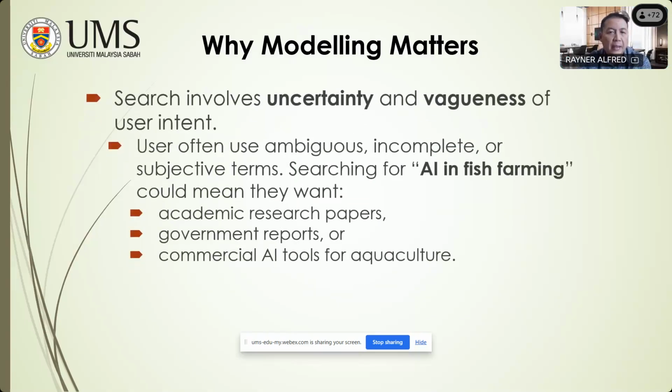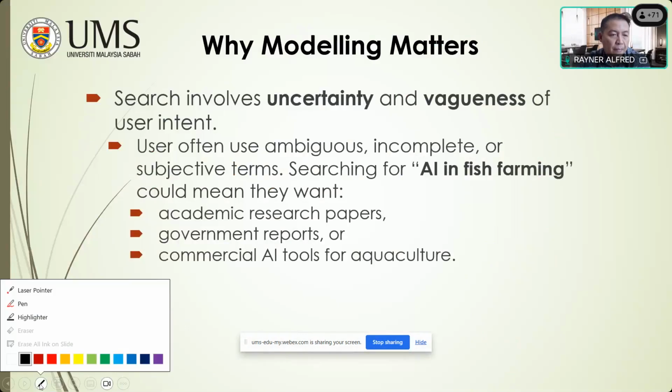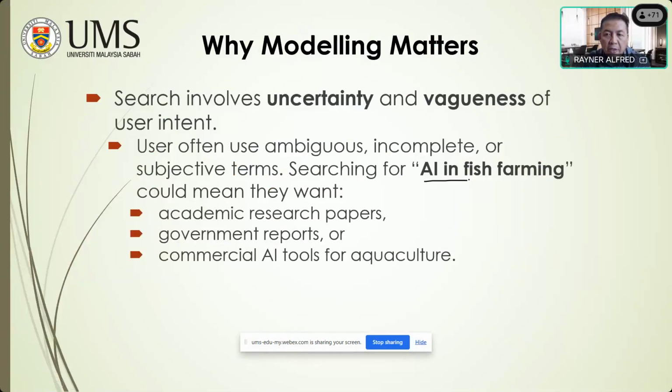In most cases, the search involves uncertainty and vagueness due to different backgrounds, or because words are used in different contexts. For example, if you are looking for the term AI in fish farming, it could be something to do with an academic research paper, a government report, or a commercialized AI tool for aquaculture.